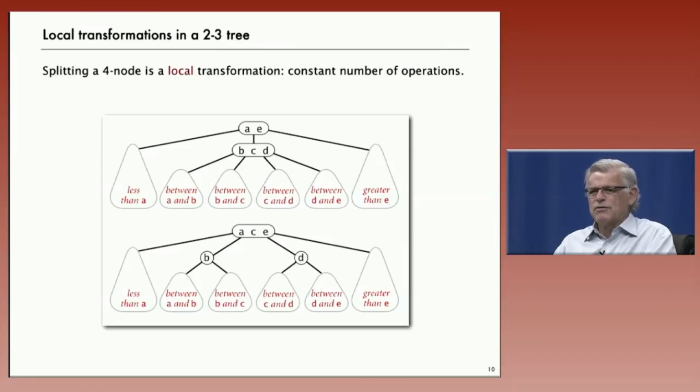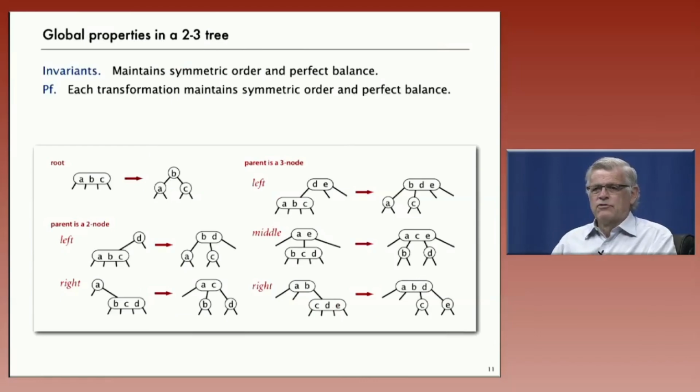Just a constant number of operations, and that's why this operation is in general efficient. So let's look at the global properties that these manipulations preserve.